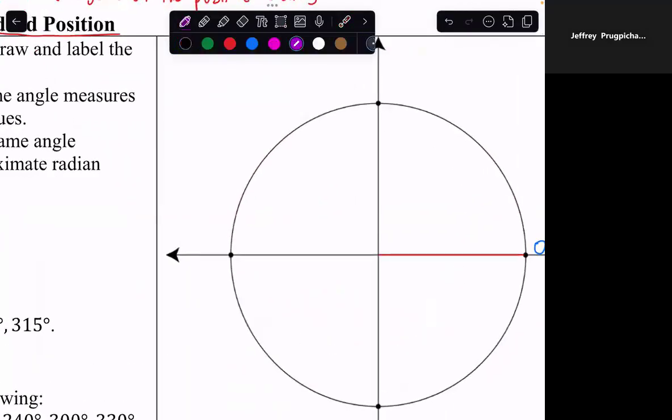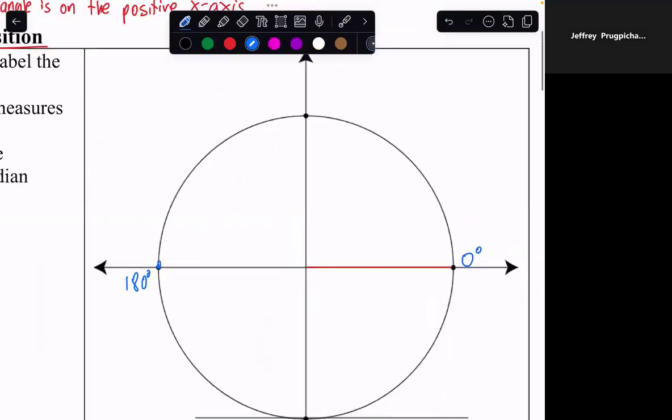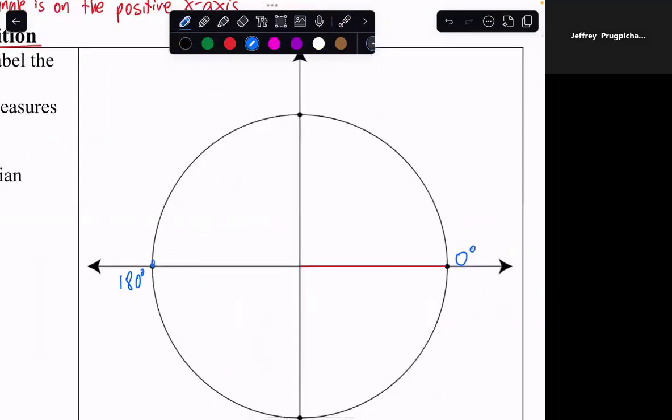We label this point over here as 180 degrees. The reason that this point represents 180 degrees is if you start on the positive x-axis, and then the other side hits this point, the angle that's formed is a half circle, or 180 degrees.